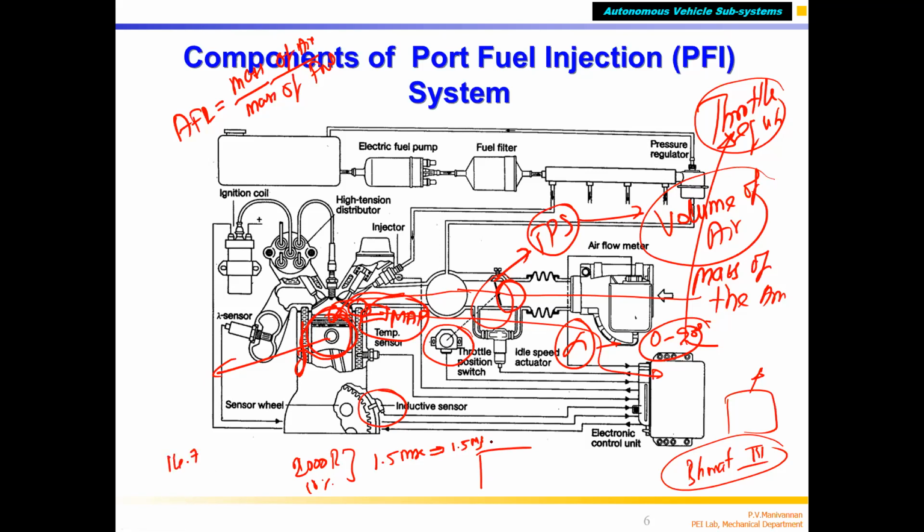For that, the calibration is already done. So for 14.7, I have to inject 1.5 milligrams of fuel. So when the throttle is open, we have not measured mass. We just calibrated in the laboratory condition. Okay? Now, if temperature becomes high, air density changes, we know that PV equals nRT, correct?